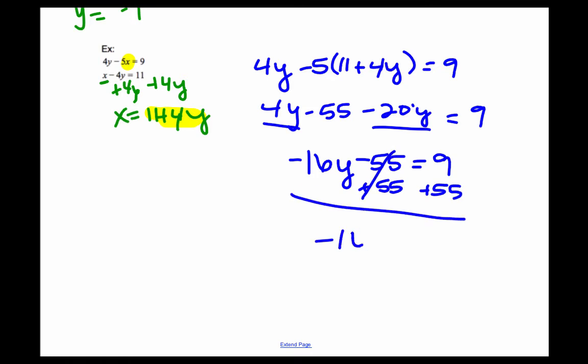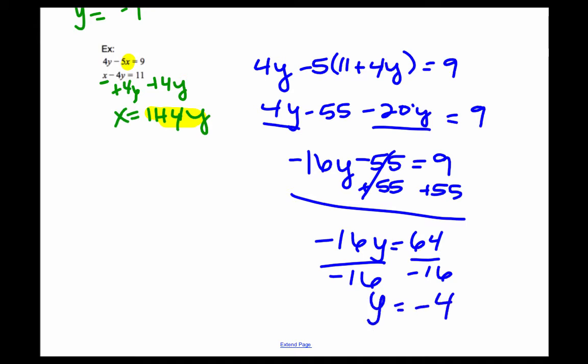So negative 16y equals 9 plus 55, which is 64. Now I need to divide by negative 16. So y is equal to negative 4. 64 divided by 16 is 4, because 16 times 2 is 32. Double it, you get 64.